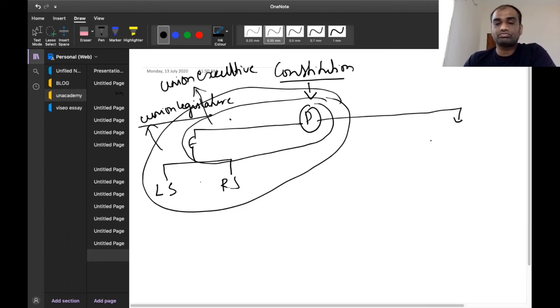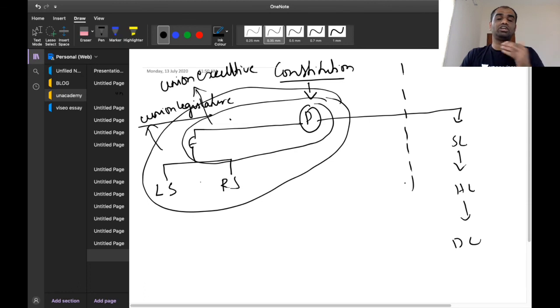Now, there is the Judiciary, High Court as well as District Court. Now, in case of legislature as well as executive, in India there is no separation of power between these two organs. But when it comes to judiciary, India follows separation of power between the judiciary and the other two organs.